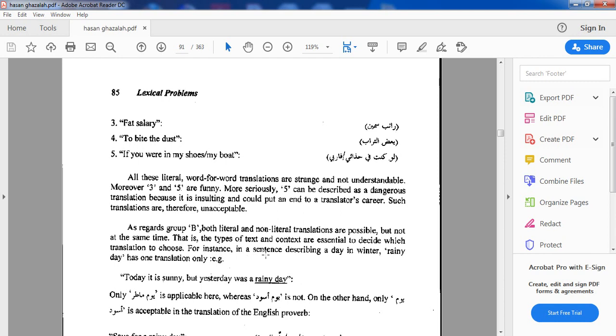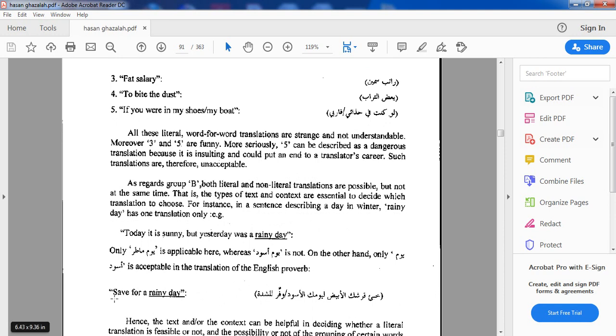For instance, in a sentence describing a day in winter, "rainy day" has one translation only: today is sunny, but yesterday was rainy. Yes, it accepts direct translation. But يوم أسود here in this context is completely unacceptable.